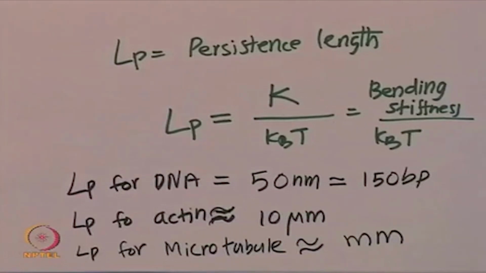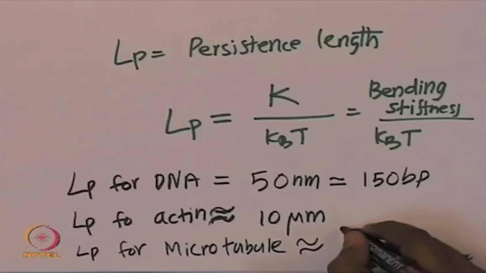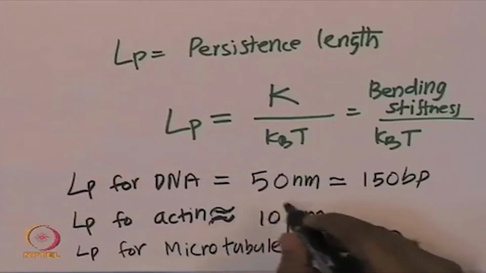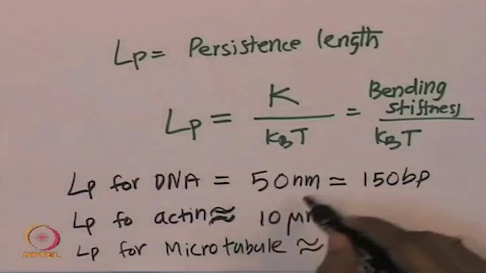So, up to a millimeter length, this will be very stiff. So, in the cellular length scale, microtubule will be very stiff, actin will be less stiff, DNA will be much less stiff. So, DNA is highly packed, highly bent inside the nucleus. The actin is pretty straight, but not as straight as microtubule, which is much straighter and very stiff. So, this is this property called persistence length.